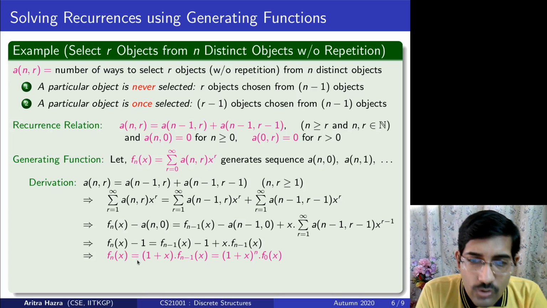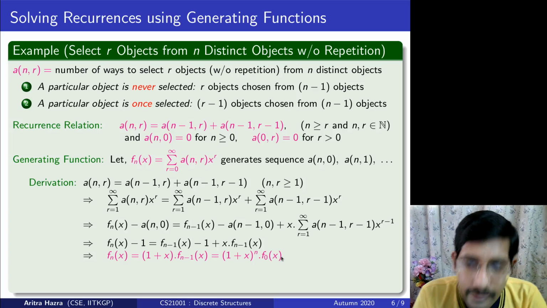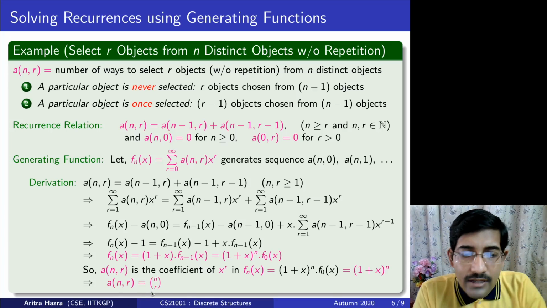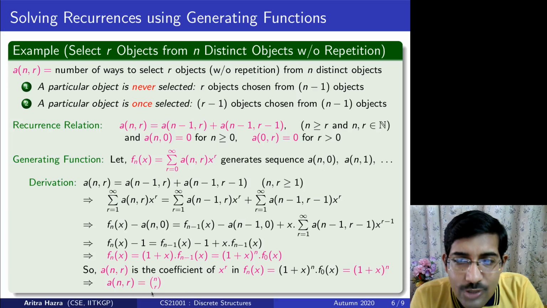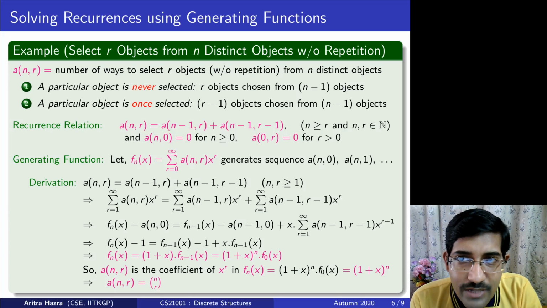So this goes as f_n(x) equals 1 plus x into f_{n-1}(x), which means this is (1 plus x) whole to the power n into f_0(x), which is 1. So it goes as (1 plus x) to the power n, and as you can see, the coefficient of A_{n,r} is nothing but n C r. That is, choosing r objects from n total objects without any repetition is just n C r.